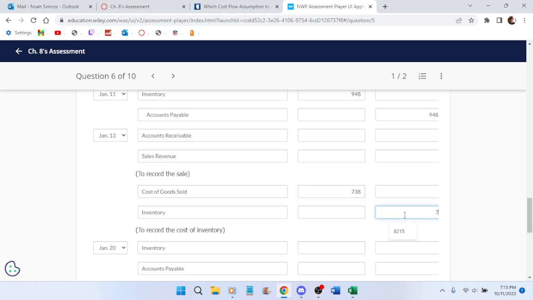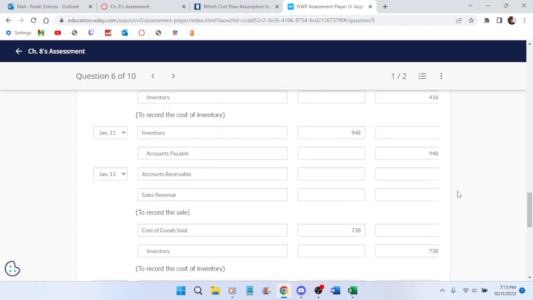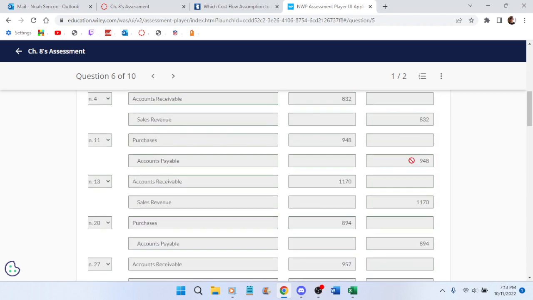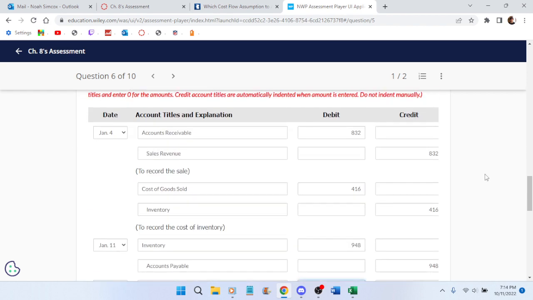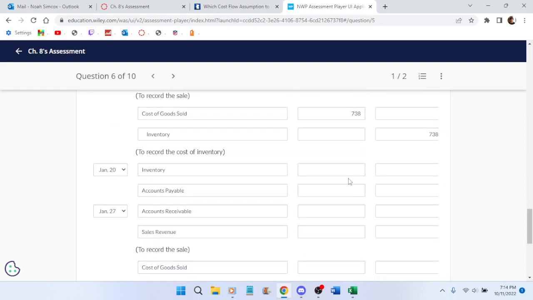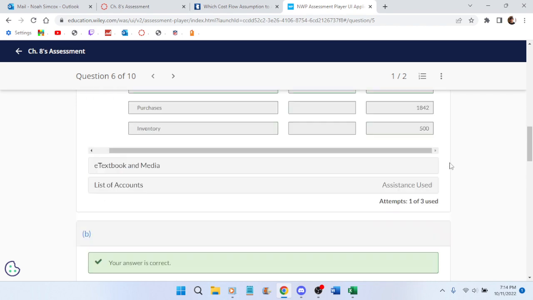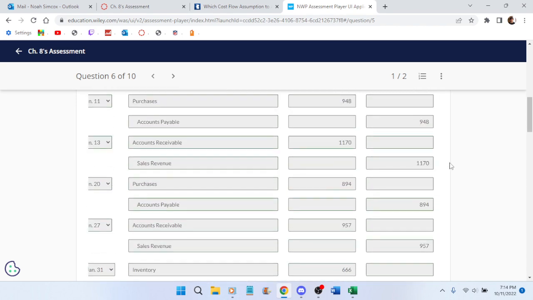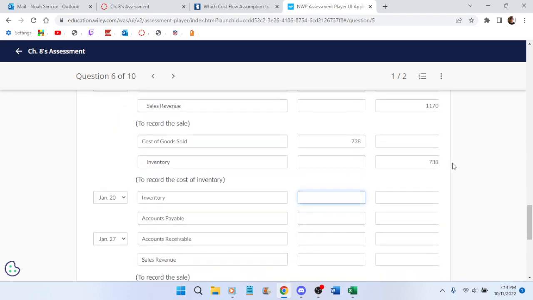We already know what the sale was. We already know that on January 13th, it was 1170. Then purchases on January 20th was $8.94.